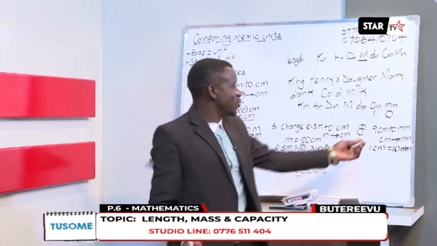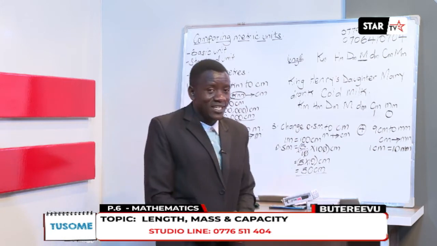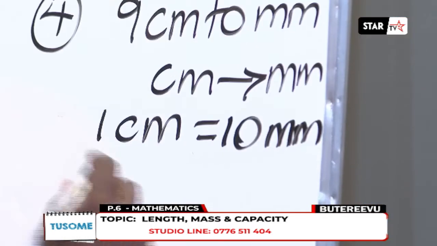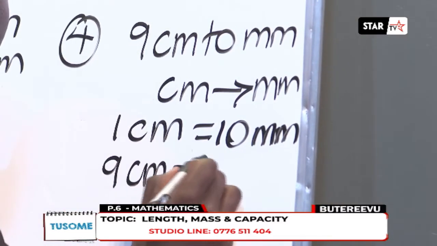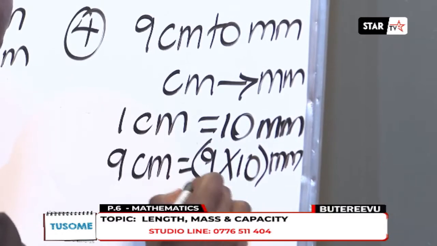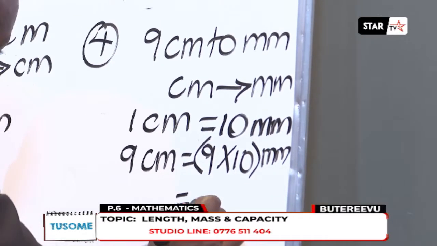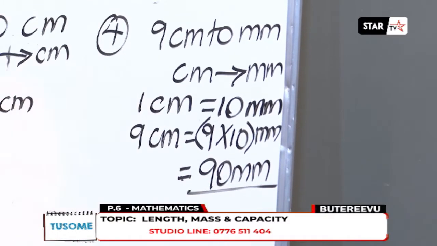Then now I can deal with the coefficient of the basic unit I'm dealing with, which would be that 9 centimeters is equal to 9 times 10, and my answer would be 90 millimeters. This has been our lesson.